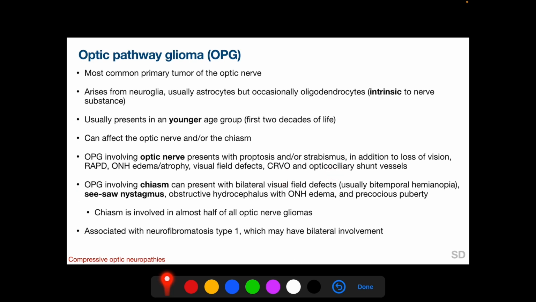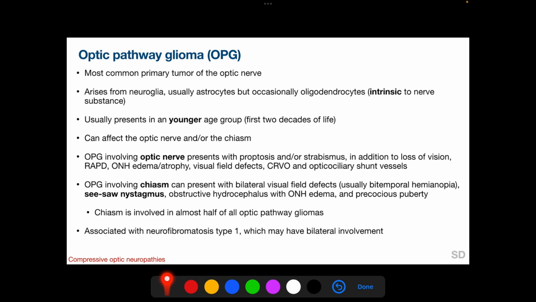Whereas OPGs involving the chiasm present with bilateral visual field defects, usually bitemporal hemianopsia because they involve the decussating nasal fibers, seesaw nystagmus, a very important sign of chiasmal gliomas, obstructive hydrocephalus with ONH edema resulting from raised intracranial pressure, and precocious puberty because of involvement of the nearby hypothalamic pituitary axis.